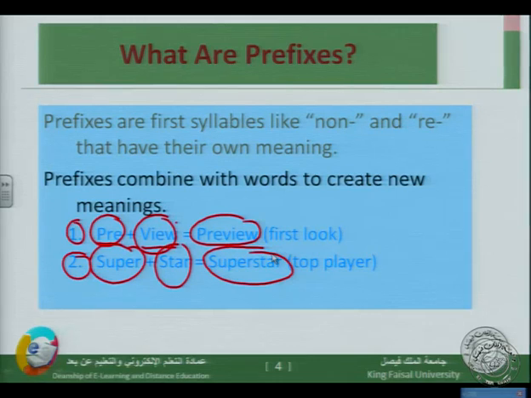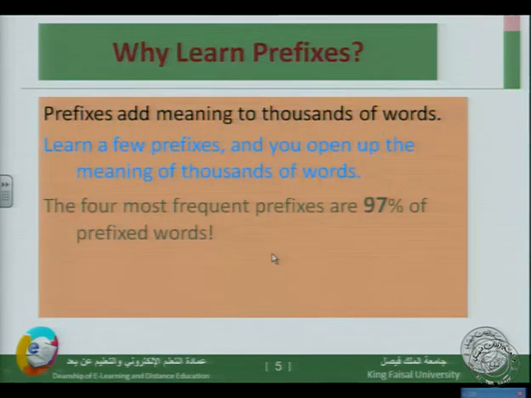So after we've discussed the short definition of a prefix, let us ask the same question: why do we learn prefixes? Prefixes add meaning to thousands of words. That means when you learn a few prefixes, you will open up the meaning of thousands of words.